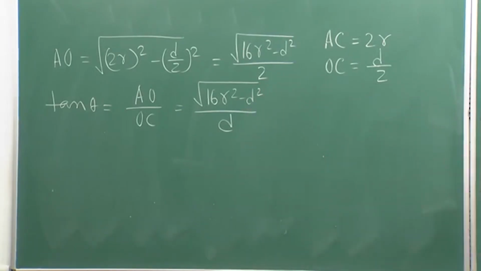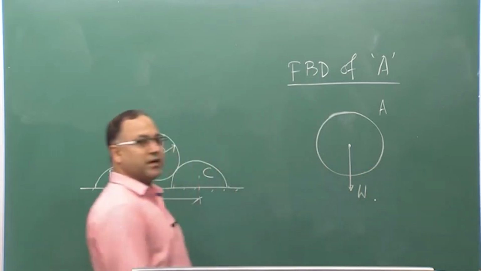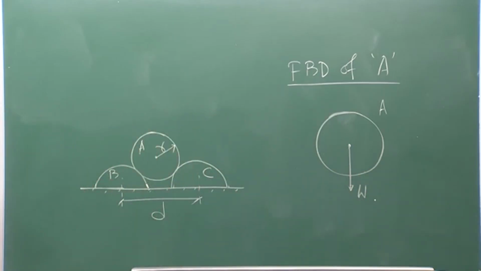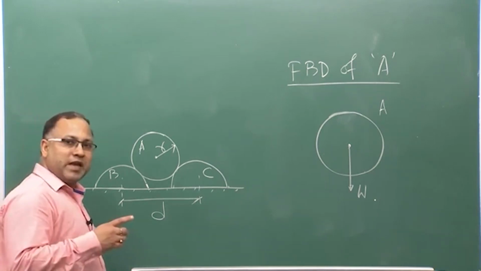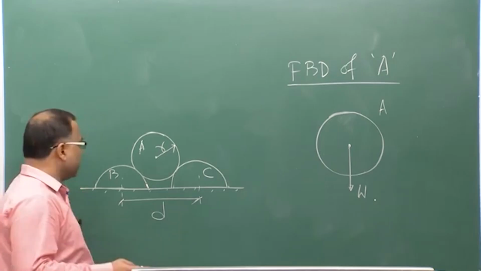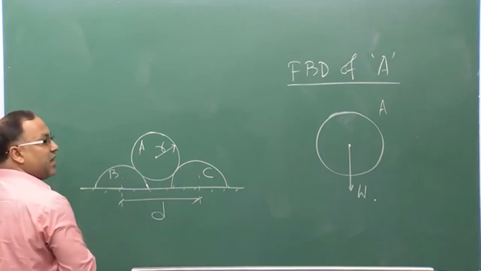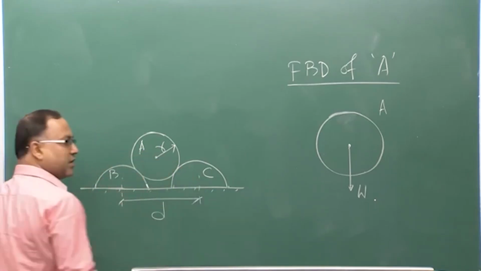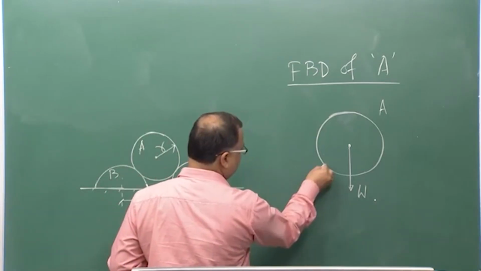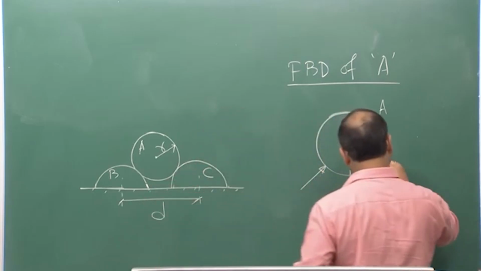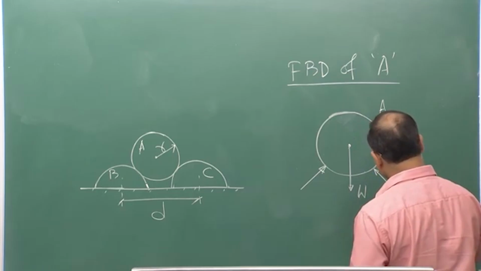What forces are acting here? The first one is vertically downward, that is W, the weight of the cylinder. Then there are two reactive forces at the interfaces. B will give some reaction to A as well as C will give some reaction to A, and magnitude wise they will be the same because everything is symmetric.